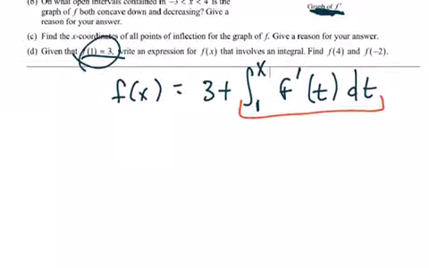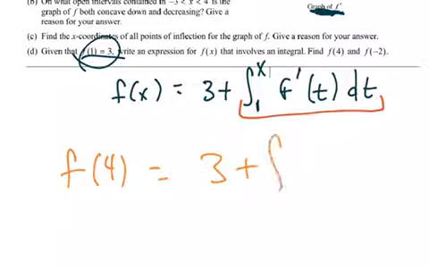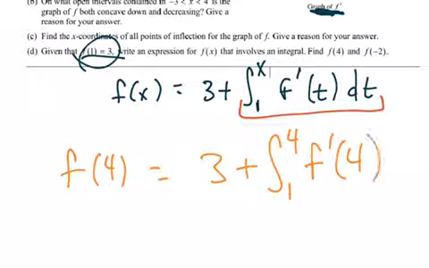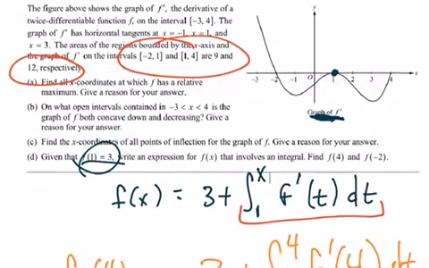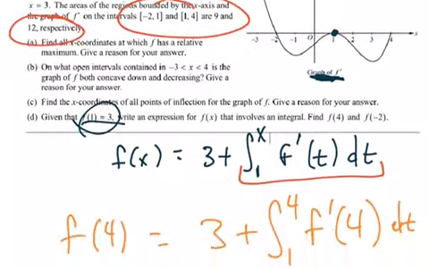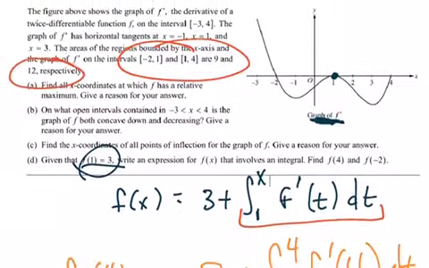The second part, we're going to substitute in f of 4, which means we're going to solve 3 plus the integration from 1 to 4 of f prime of t dt. Again, we can think back to the original setup of this question.